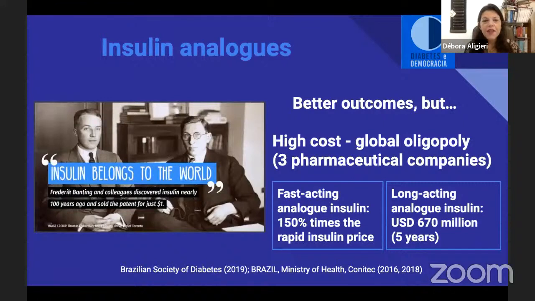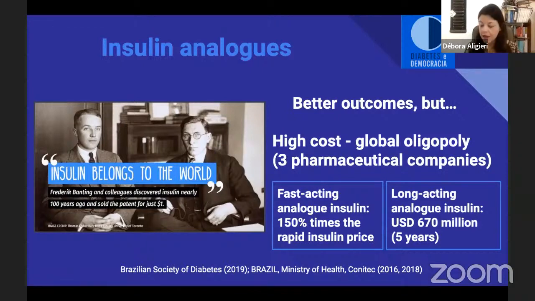Last year we celebrated 100 years of the discovery of insulin. There has been an evolution of the technology, and now we have analog insulin that has better outcomes, especially with low glucose, to reduce hypoglycemia, but the costs are very high. Three major companies dominate the pharmaceutical market.